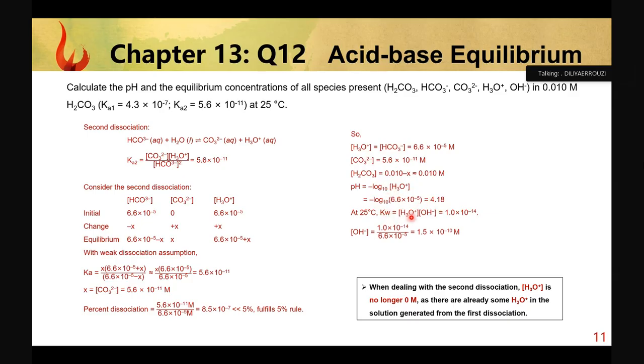Then we know the Kw, which is the concentration of proton multiplied by the hydroxide, hydroxide, sorry. Kw is 10 to the minus 14. So we can calculate the concentration of the hydroxide ion, which is this divided by the concentration of protonated water, which is this.